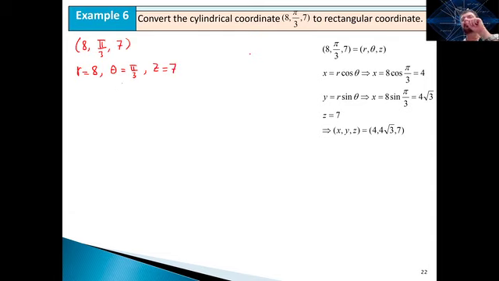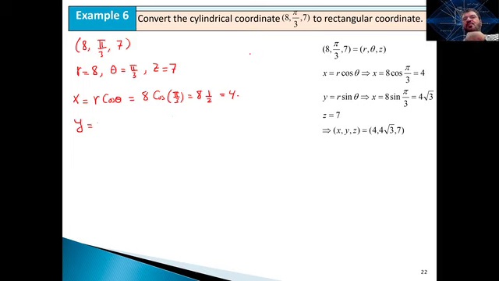What do I need to convert it to? To rectangular. In the rectangular, what's x equal to? r cosine theta. And what's r here? 8 cos pi over 3. And we know that cosine pi over 3 is half. So this is 8 times half, which is 4.